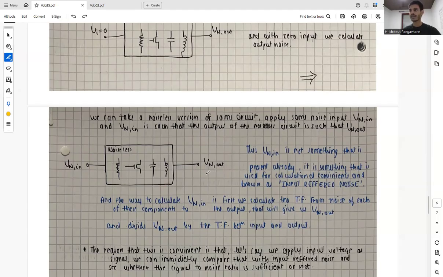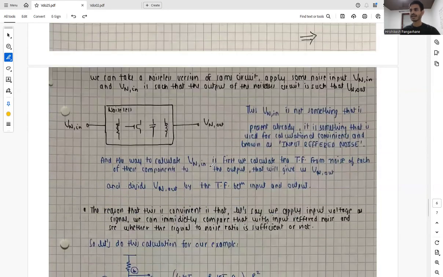The way to calculate Vn in is, first we calculate the transfer function from noise of each component to the output, and that will give us the Vn out, and we divide the Vn out by the transfer function or the gain between input and the output point.